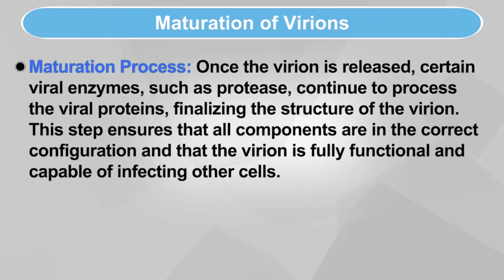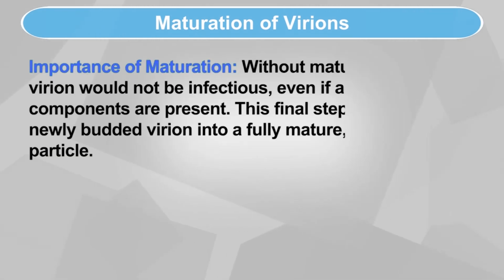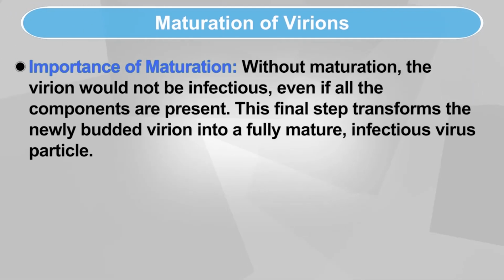This step ensures that all the components are in the correct configuration and that the virion particle is fully functional and capable of infecting other cells. Without maturation, the virion particle will not be infectious even if all the components are present. The final step transforms the newly budded virion particle into a fully mature and infectious viral particle.